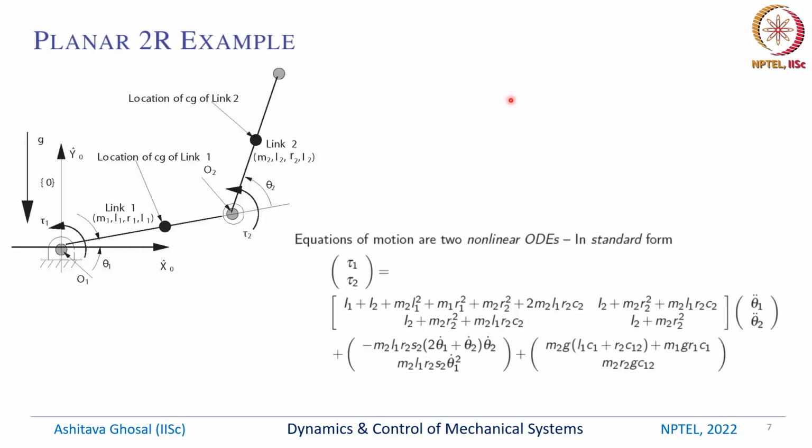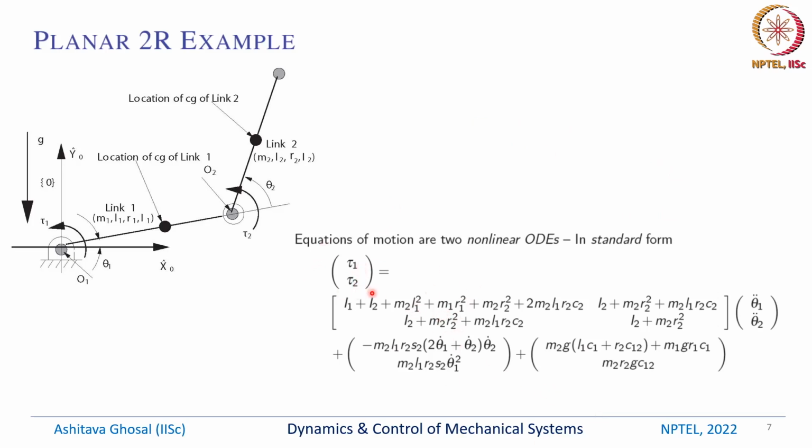So now that we have expressions for theta 1 and theta 2 as a function of time, likewise theta 1 dot and theta 2 dot as a function of time, and theta 1 double dot, theta 2 double dot as a function of time, we can go back and look at the equations of motion which are given here.